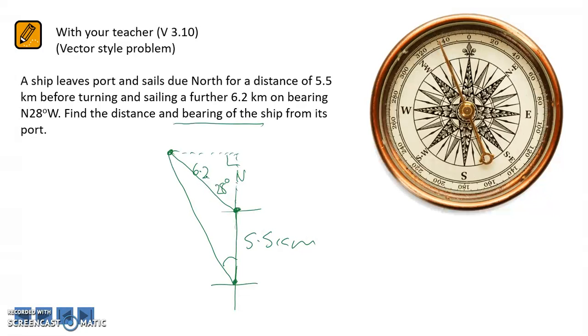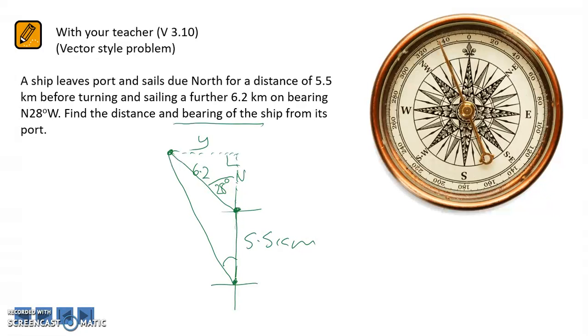So the information that we have is we can use this angle and this distance to find this side. Let's call it side Y, because what we're trying to do is find this length. To find that length we need this distance and we need this distance, but we haven't got that information yet.